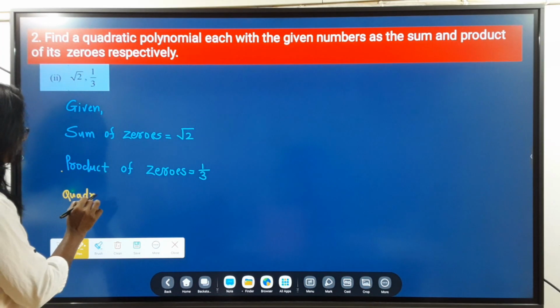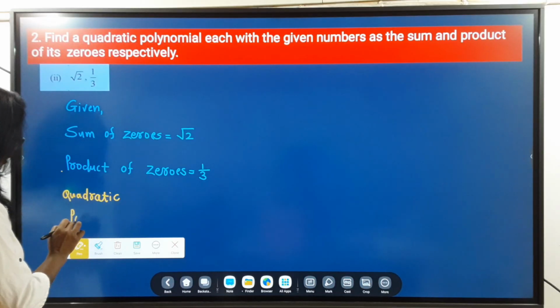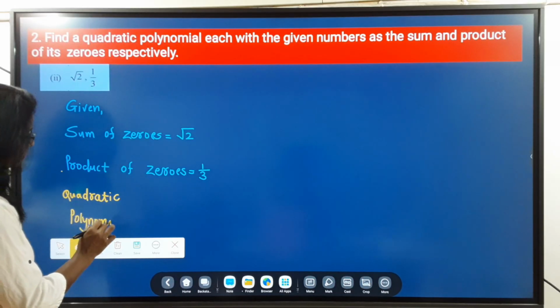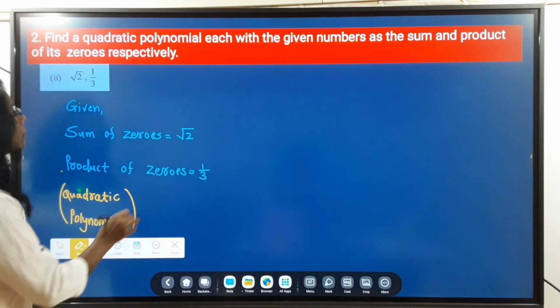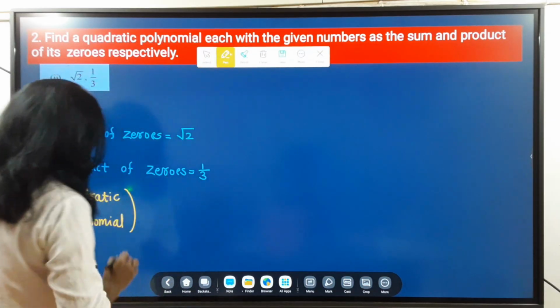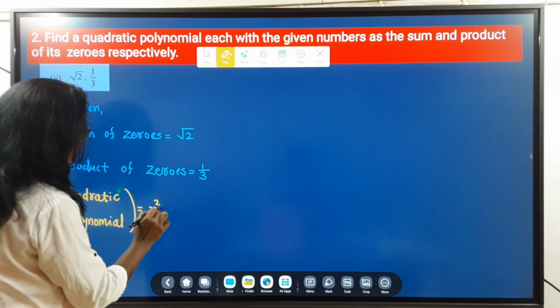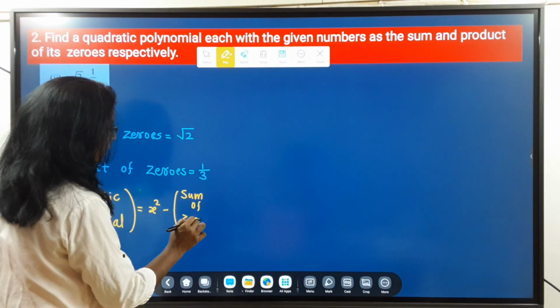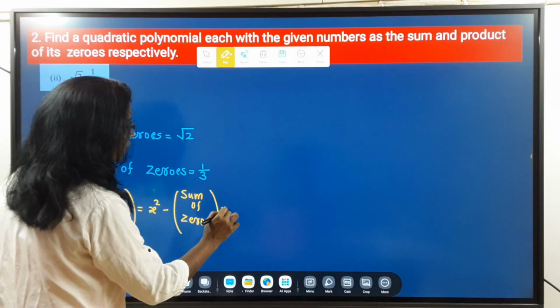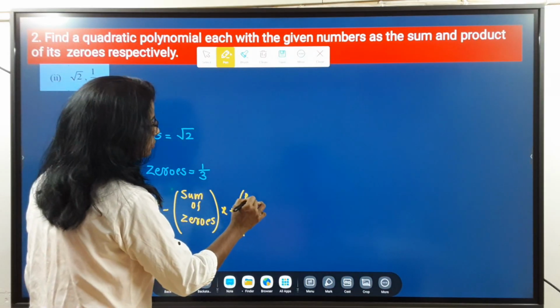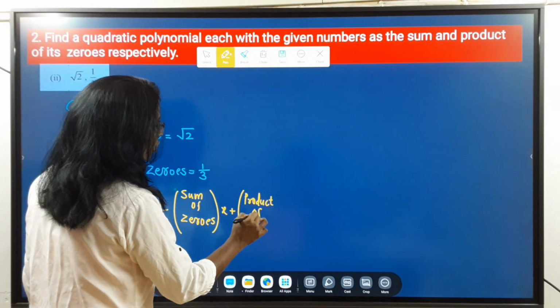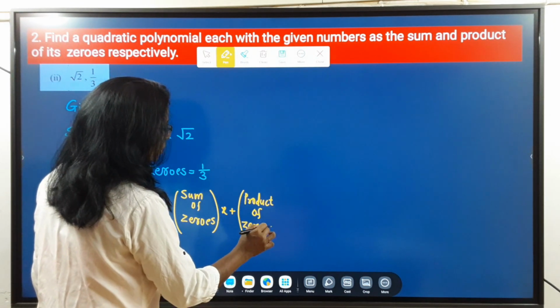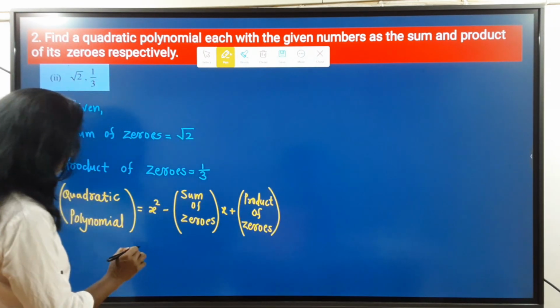Quadratic polynomial is equal to x square minus sum of zeros multiply x plus product of zeros. Now here we have to substitute the values.